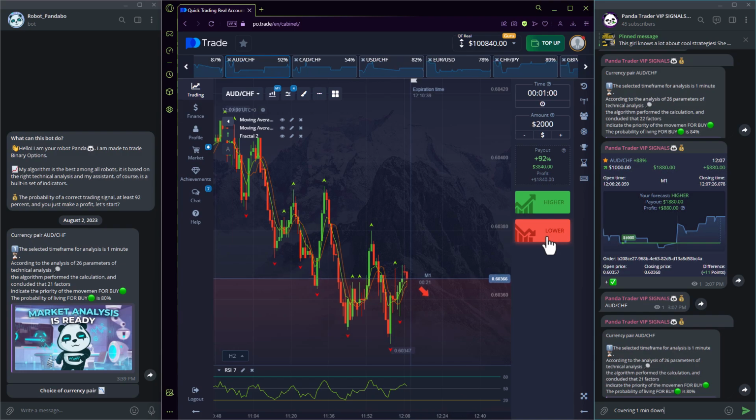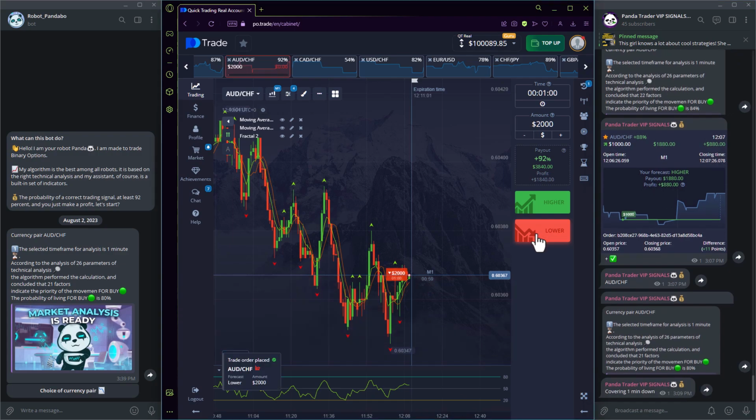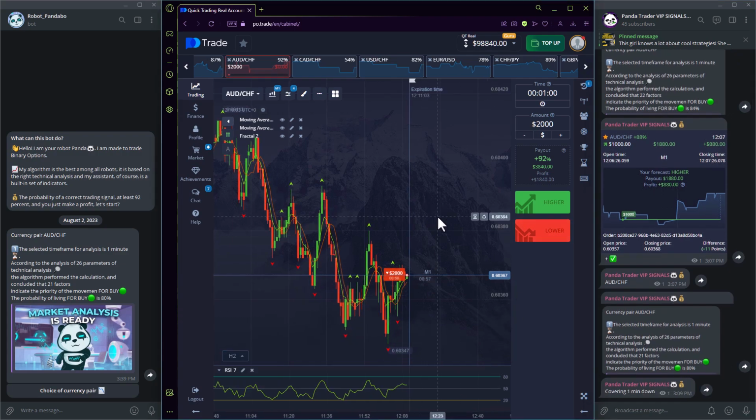Now I'm just trying to wait for the candle to move closer to the end, to the expiration time of this candle, to open my deal. But yep, sorry, some difficulties. But at the end of this, I'm thinking about what should be done right here.